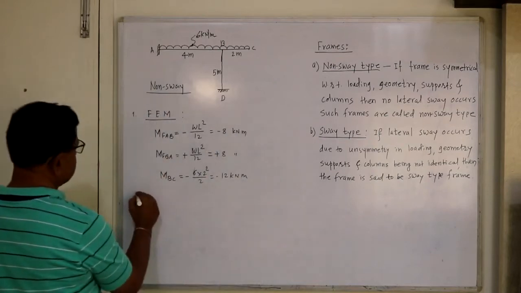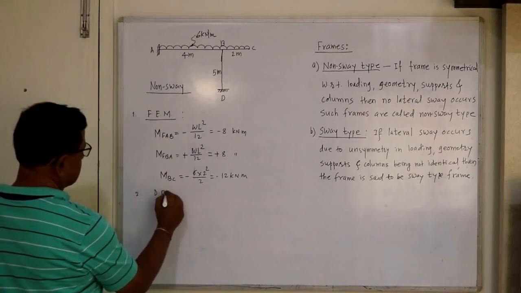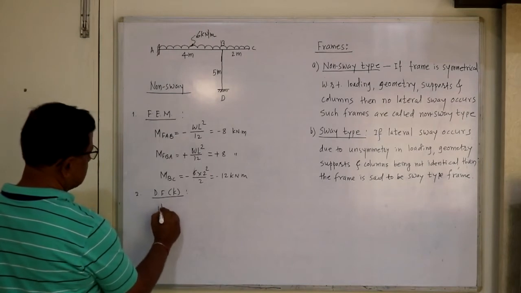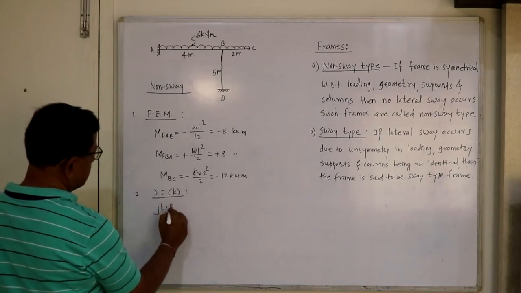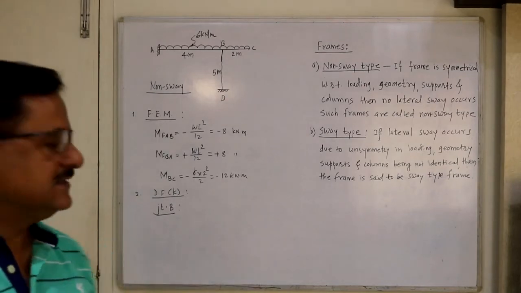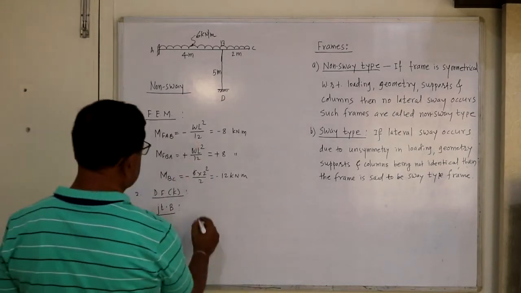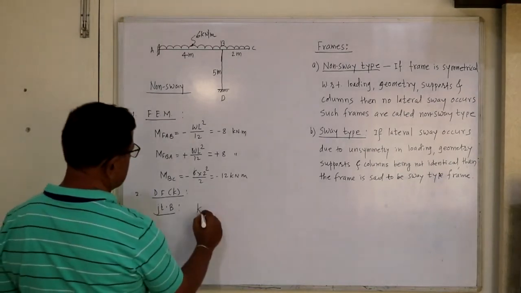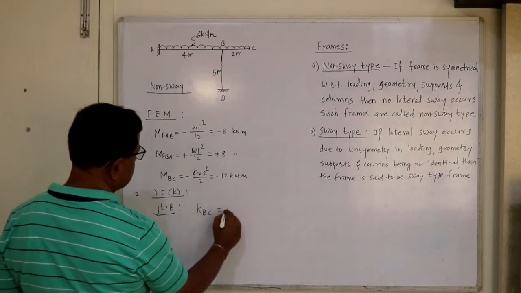Then second step, distribution factor. So distribution factors at joint B are to be calculated. We know that the distribution factor for the overhang BC is always 0.